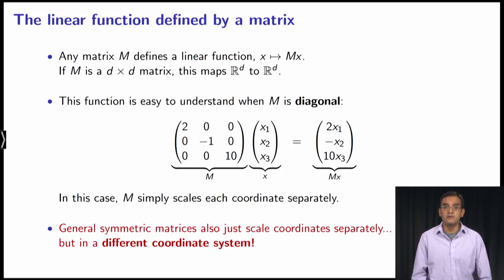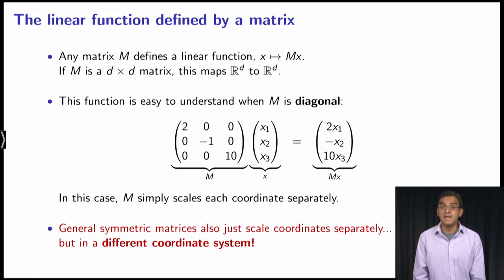What about a more general symmetric matrix? In that case, there are lots of off-diagonal entries, and they mix up the different coordinates, which can be confusing. But it turns out that if we simply change the coordinate system, if we move from our own coordinate system, the x1, x2, x3 axes, to a different coordinate system that is more natural for the matrix, then in that alternative basis, the matrix again becomes something very simple.